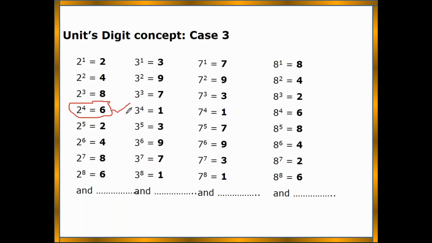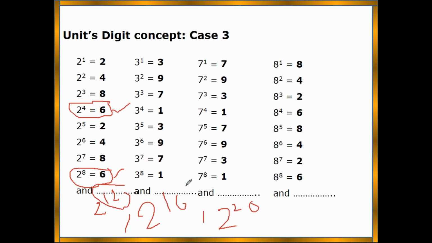So 2 power 4 is 6. 2 power 8 is also 6. Next one, 2 power 12 is also 6. 2 power 16 is also 6. 2 power 20 is also 6. If you observe clearly, all are multiples of 4 only.